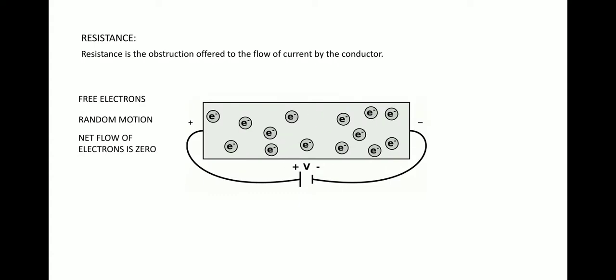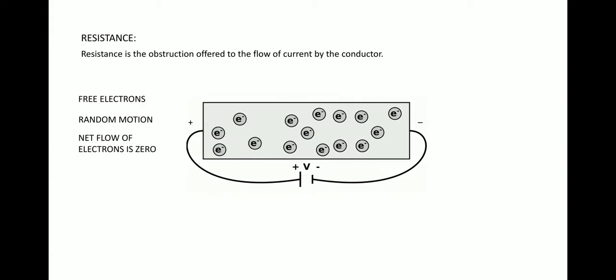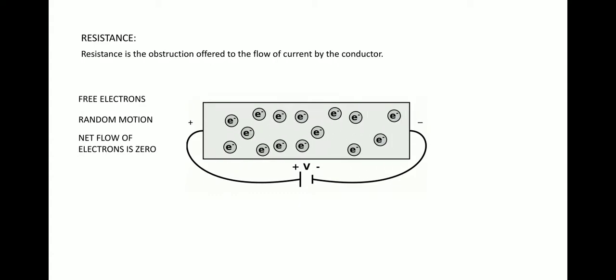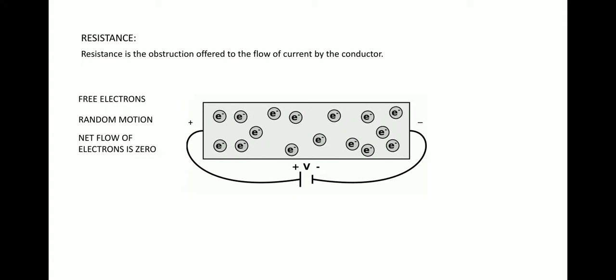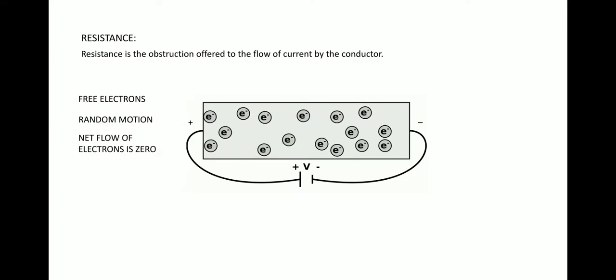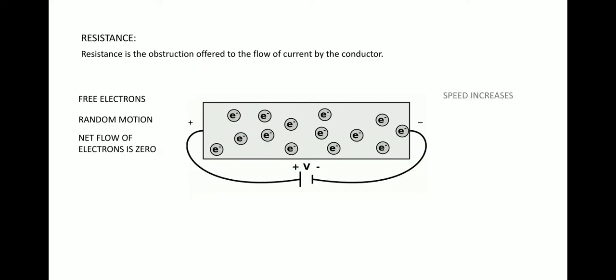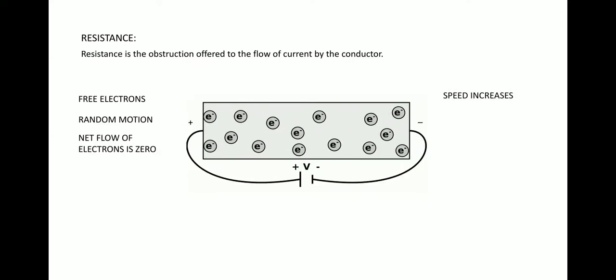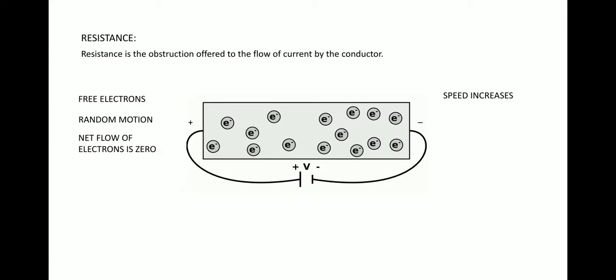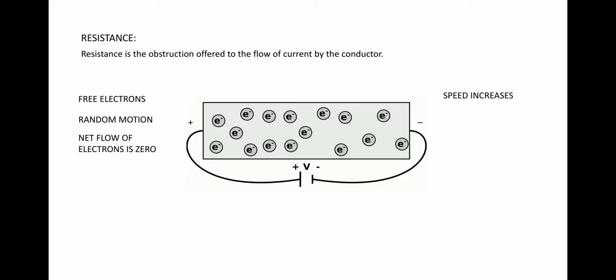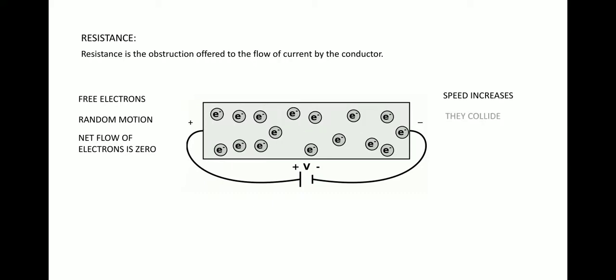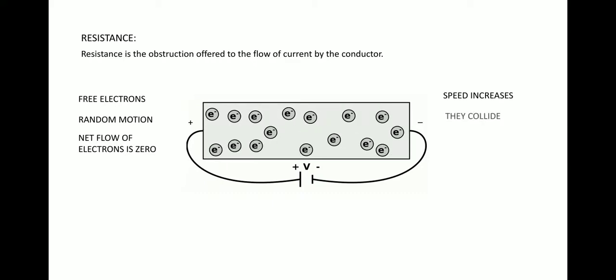When the two ends are connected with the electric source, with negative and positive terminals respectively, the electrons are aligned in such a way that their speed increases. And when the speed increases, the free electrons start colliding against the positively charged atoms.